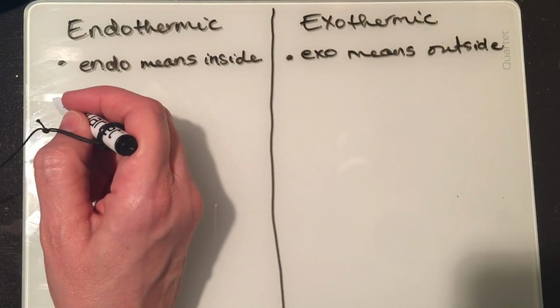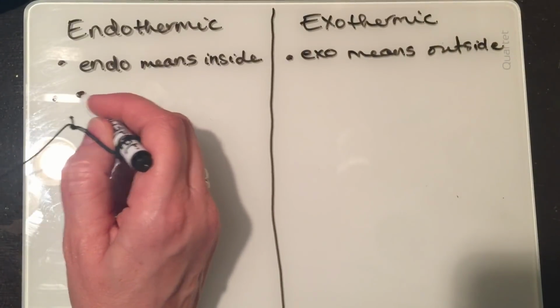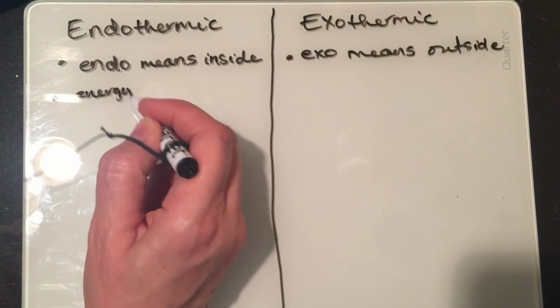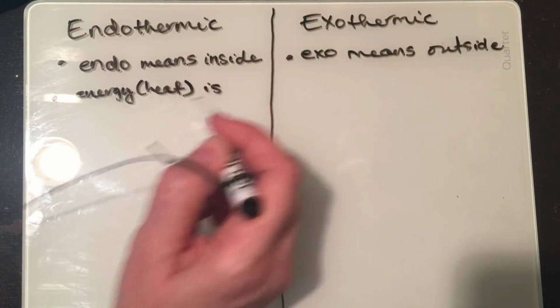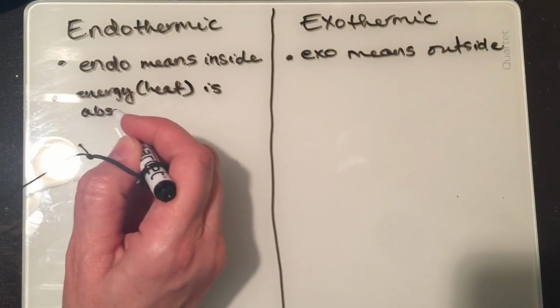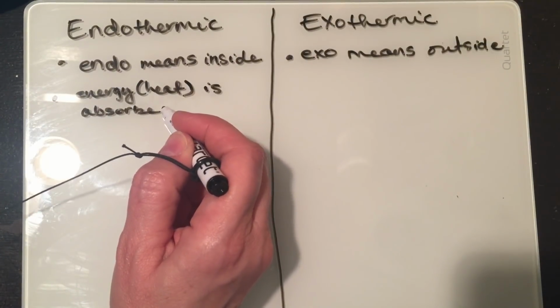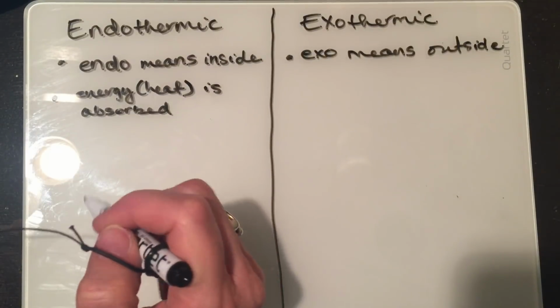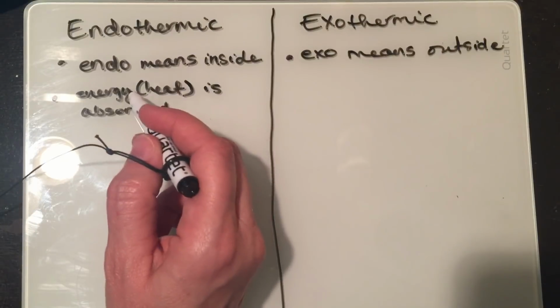In endothermic reactions, energy is absorbed. Energy, heat usually, is absorbed by the reactants, okay? So that means that the outside environment gets cooler.